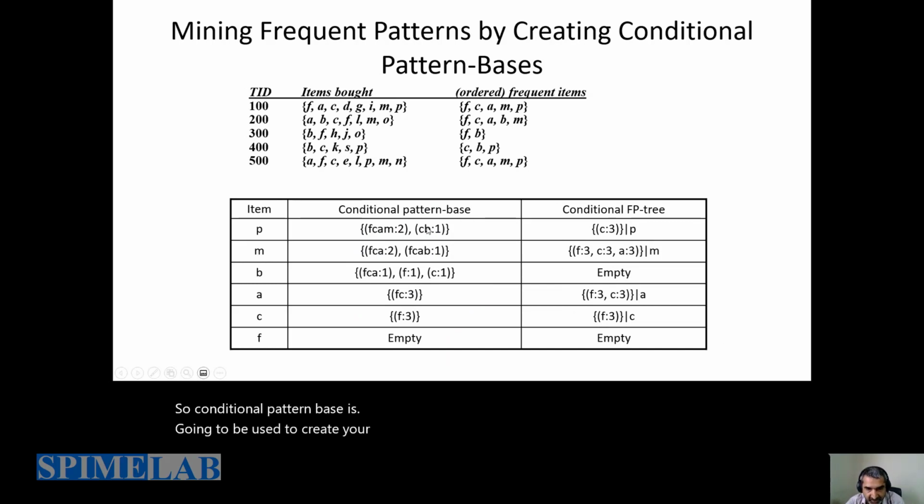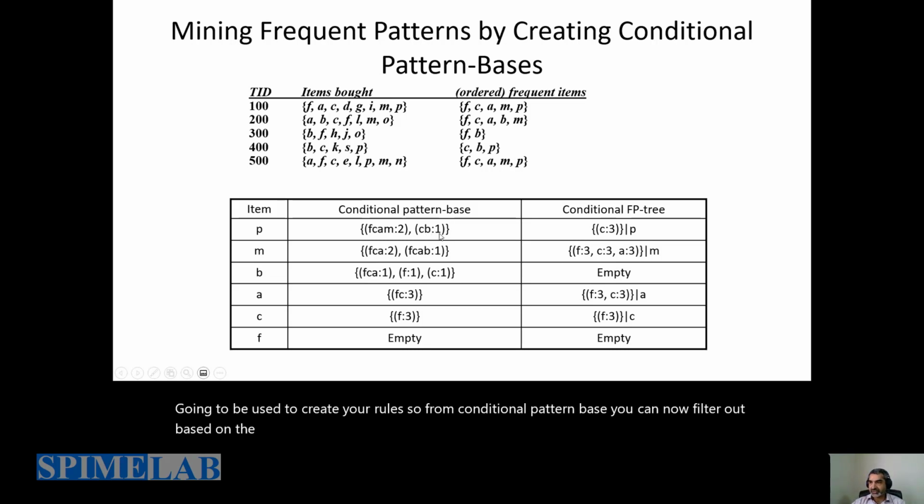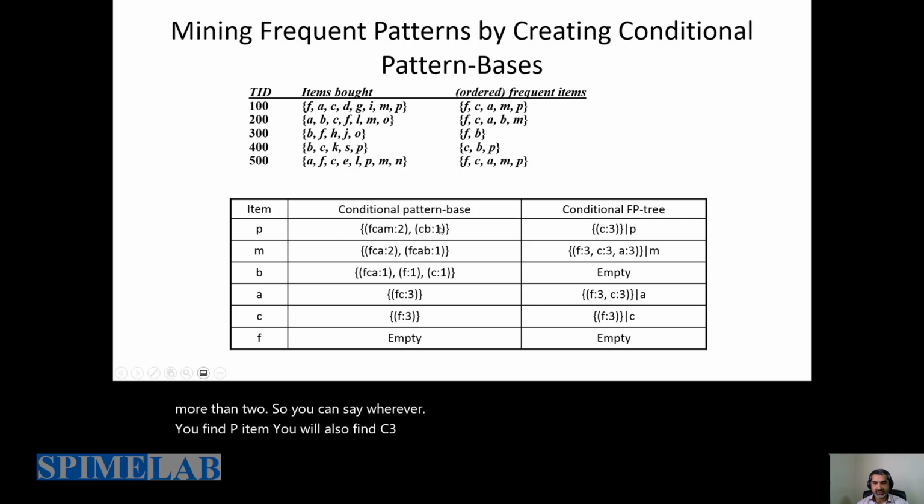From conditional pattern base, you can now filter out based on the frequency. CB1 is not interesting. You are interested only in things that are more than 2. So you can say wherever you find P item, you will also find C 3 times. Once in this transaction, once in this branch of the tree.